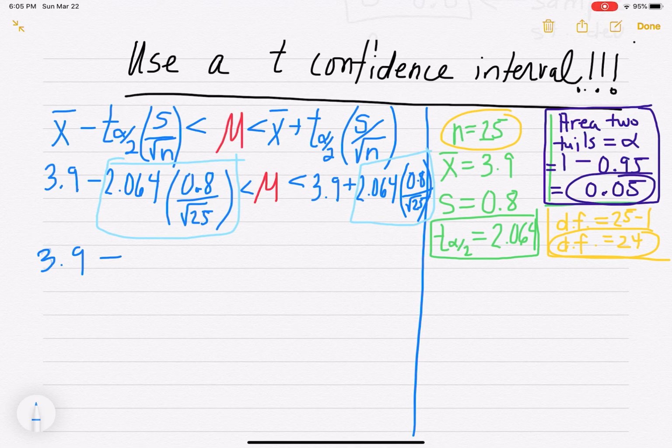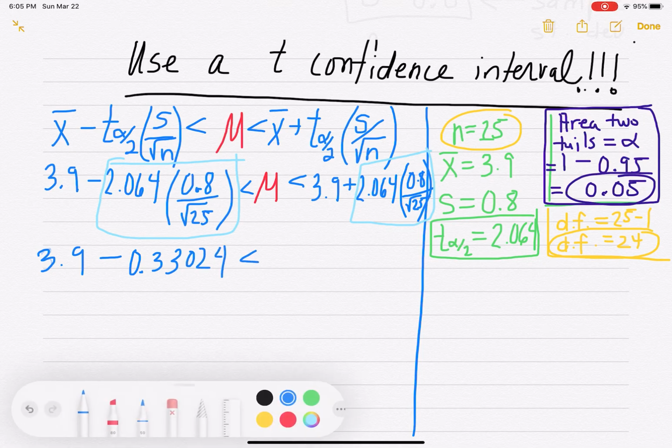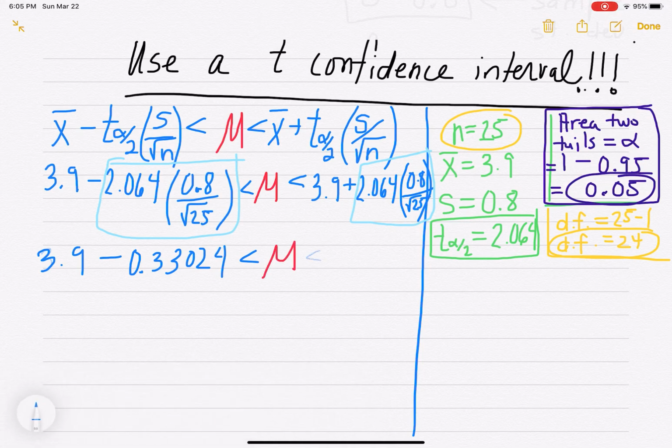Let's calculate that baby blue box. 2.064 times 0.8 divided by the square root of 25. It's going to give us about 0.33024. That's going to be less than the population mean, mu, and that's going to be less than 3.9 plus 0.33024.